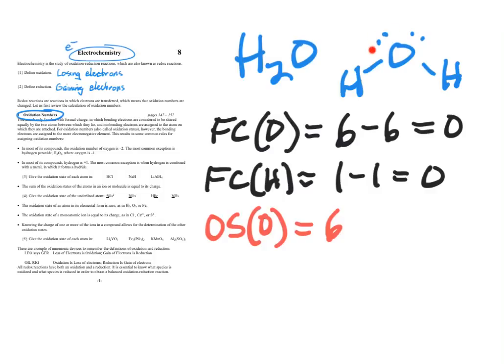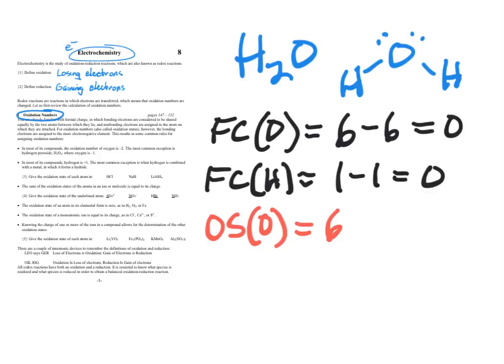As before, the lone pair electrons get counted only towards the oxygen, so there are 4 electrons to the oxygen from the lone pairs. But when we talk about the bonding electrons, this is an entirely give-and-take situation. The more electronegative atom will take all of the electrons involved in the bond. So the oxygen here is going to take both of these electrons and both of those electrons.